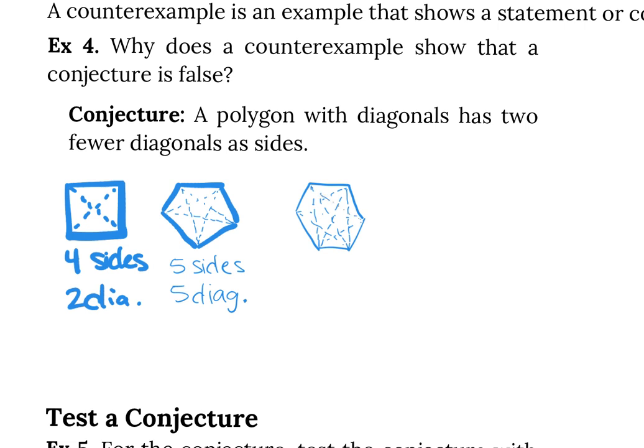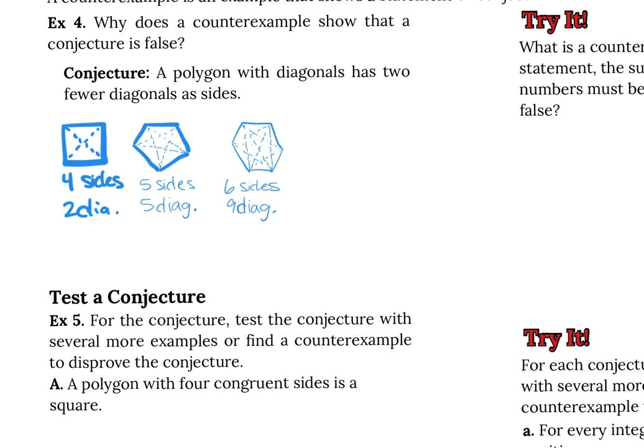Okay, I think I have all of them then. So I've got 6 sides, and I should have 9 diagonals. Okay, so we have proved this conjecture wrong. And we can prove it false by just finding one counterexample.